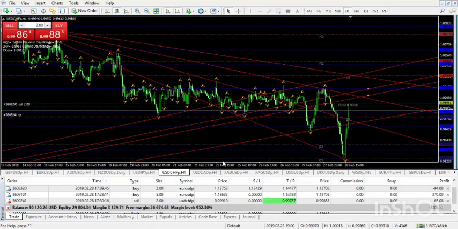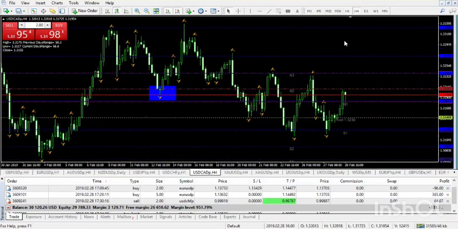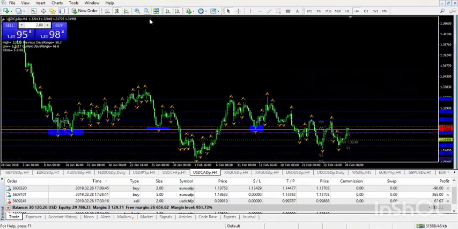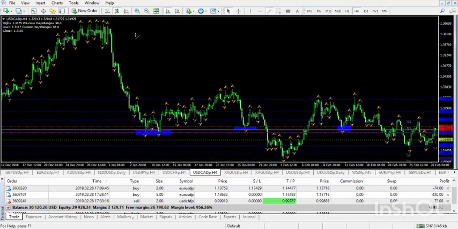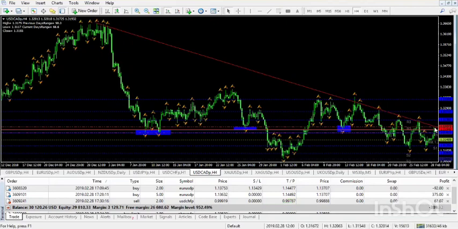I'm going to draw it on another chart so you can see. For example, in here, you see that? It had declined up until here and then it had returned again.